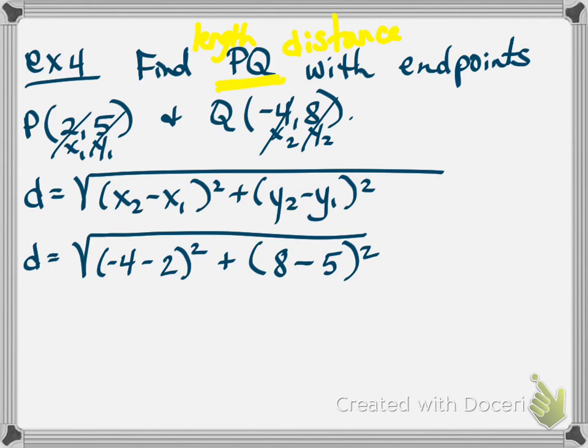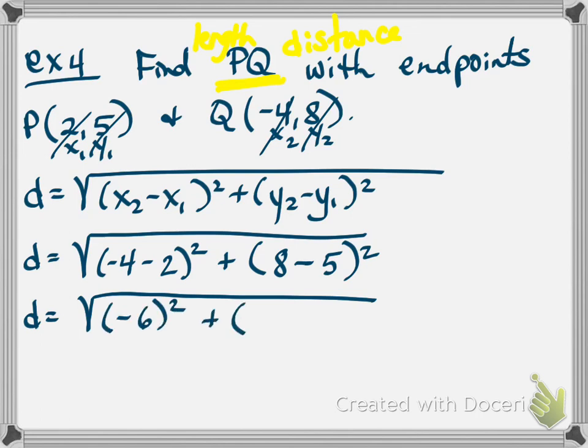Now the order of operations says we need to work inside this big grouping symbol, which is the square root. And inside the square root, we've got some parentheses, so we're going to work inside the parentheses first from left to right. Then we're still working underneath the big square root symbol, and we have numbers raised to powers, so exponents we need to do next. -6 to the second power means -6 times -6, so that's positive 36.